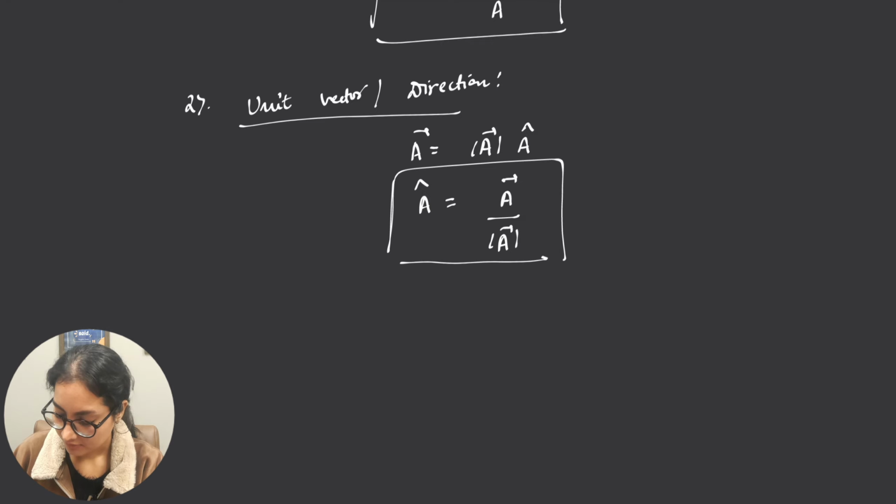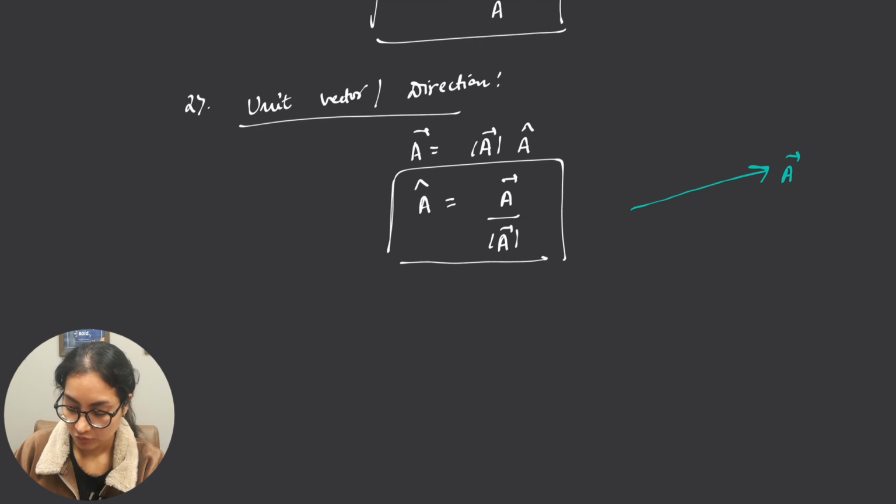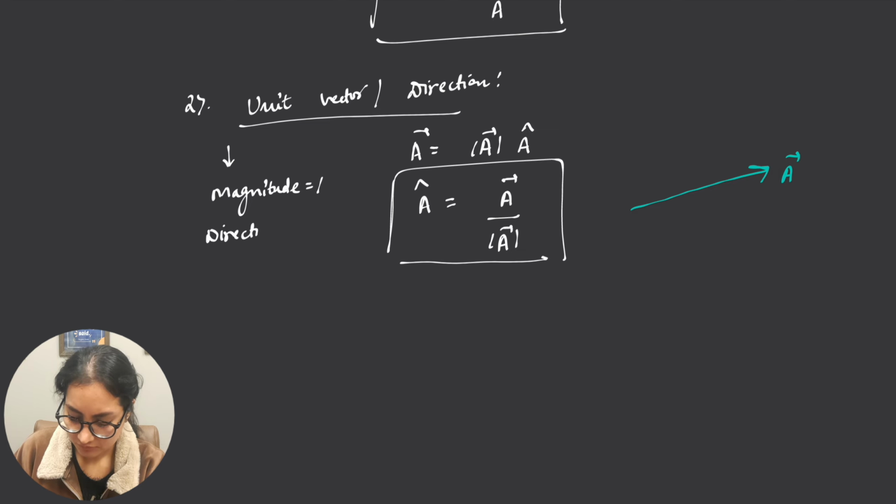If I say this is my A vector, the unit vector to this is a vector which has magnitude 1 and direction same as the parent vector.